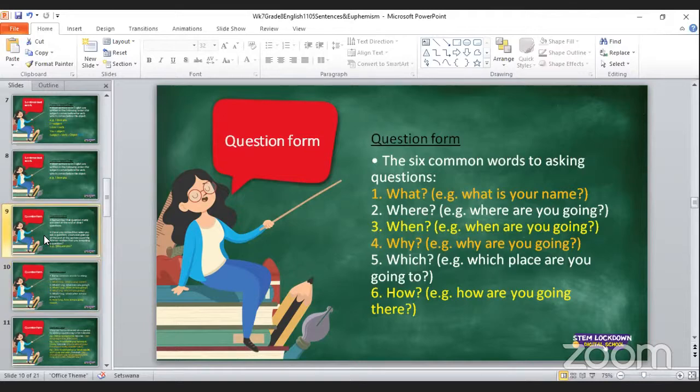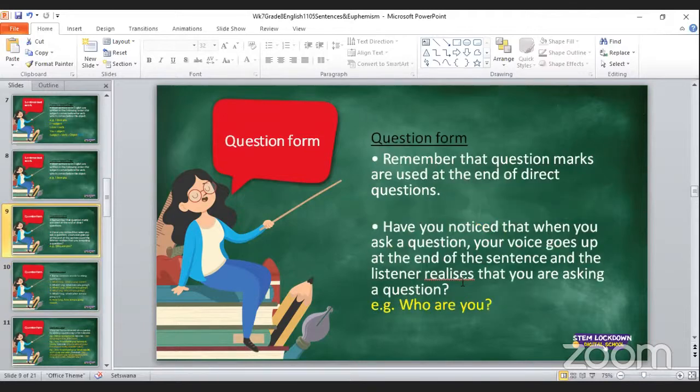Let me go back to my previous slide. In my previous slide, you will see that every time you ask a question, your voice goes up towards the end of your question. It is not something you plan to do, but it happens on the subconscious level. It is something that your brain does because your brain really is that intelligent. And even the person you're asking a question also has the same brain.